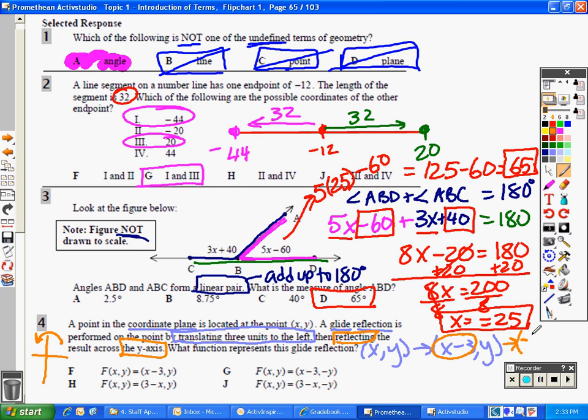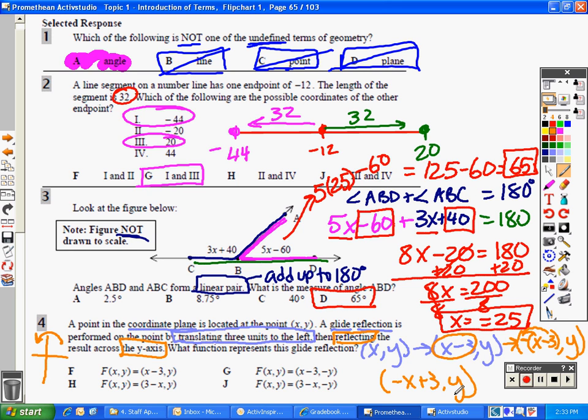I'm going to take the opposite of x minus 3. My y, my height, does not change. All right, let's simplify this. I'm going to distribute that negative to the x and to the negative 3. Makes it negative x plus 3, comma y.